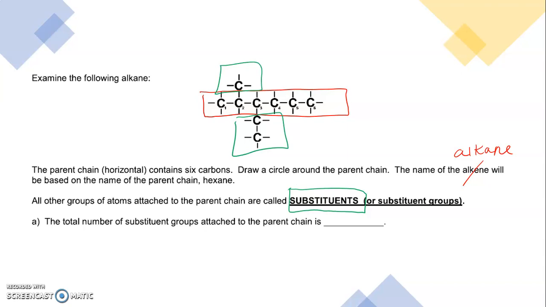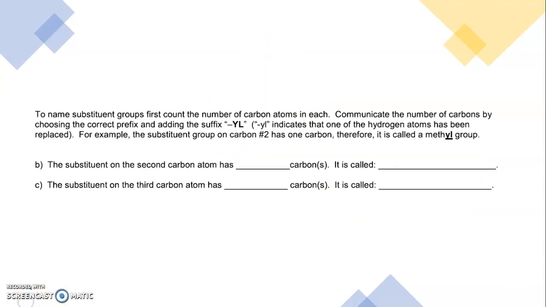So the total number of substituent groups is how many? Well, there are 2, right here and right here. To name substituent groups, first count the number of carbon atoms in each.